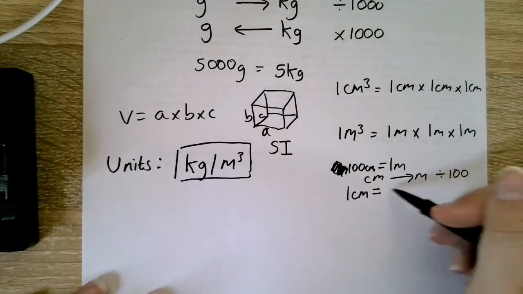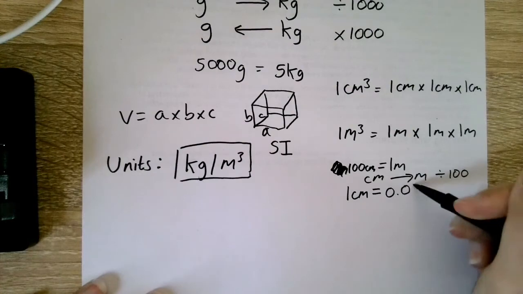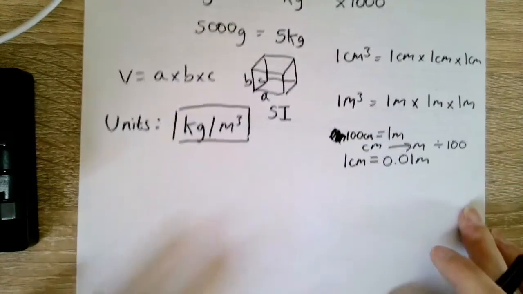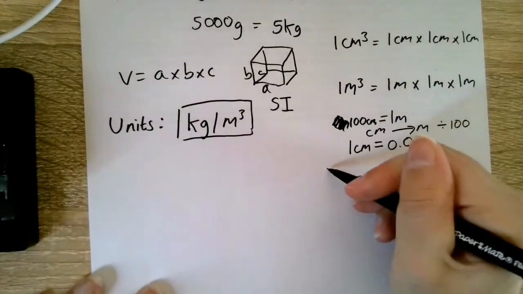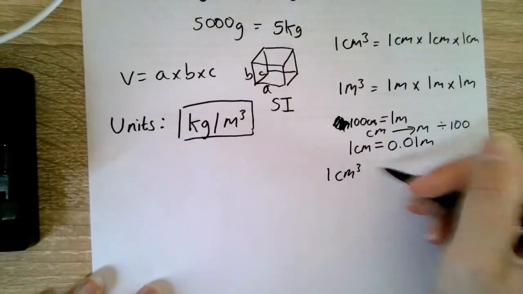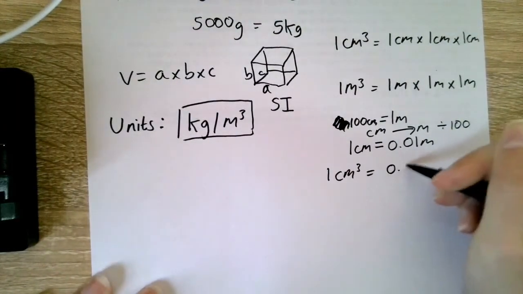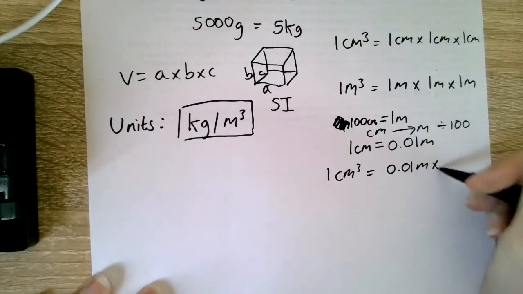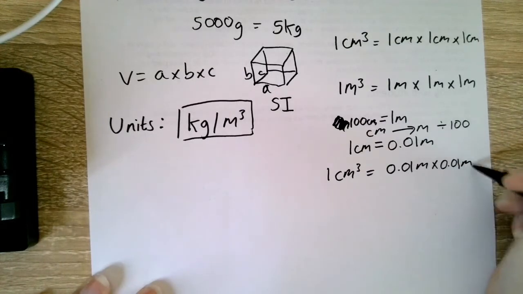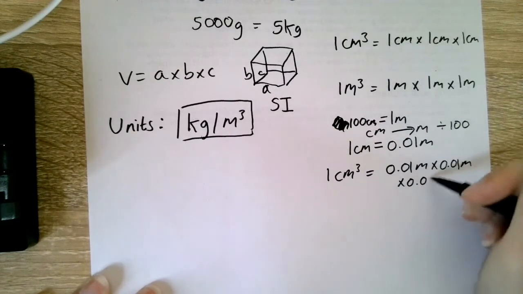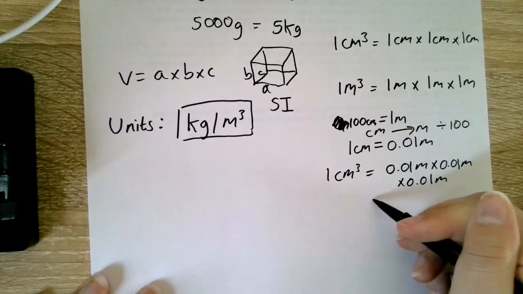Then 1 centimetre is 0.01 metre. So 1 centimetre cubed becomes 0.01 metres times 0.01 metres times 0.01 metres.